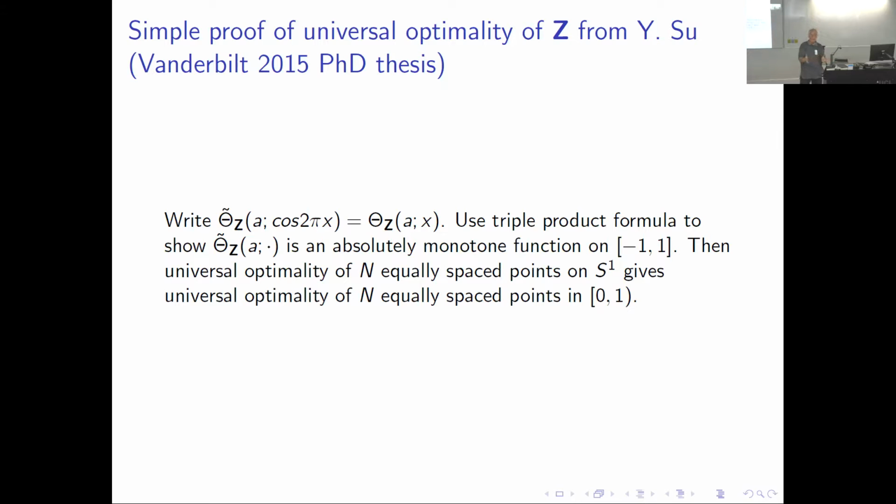That would be equivalent to the Z universality. You can do this for all n, or at least a sequence of n going to infinity.